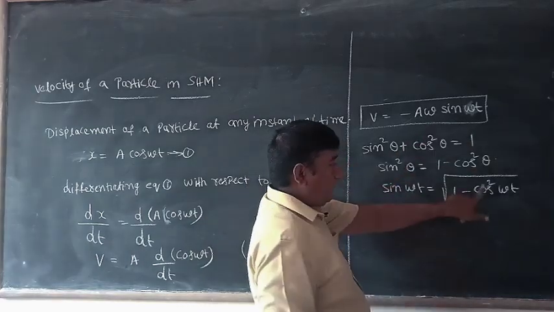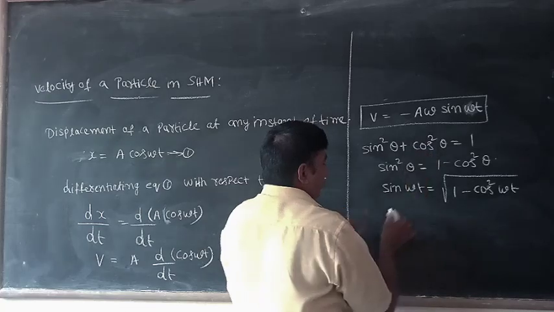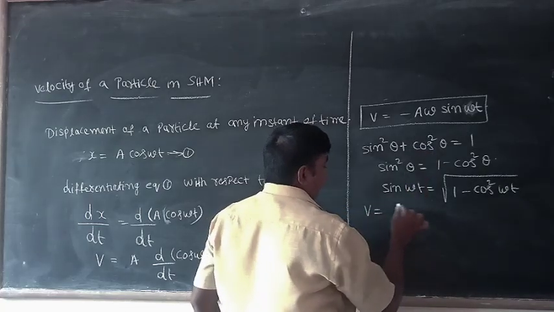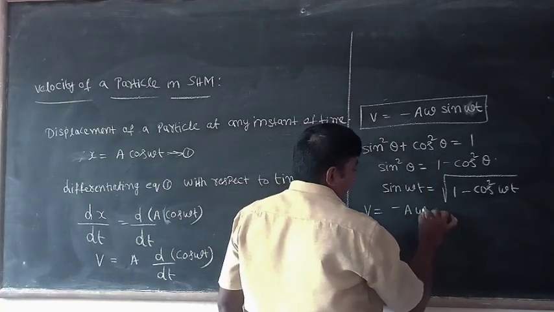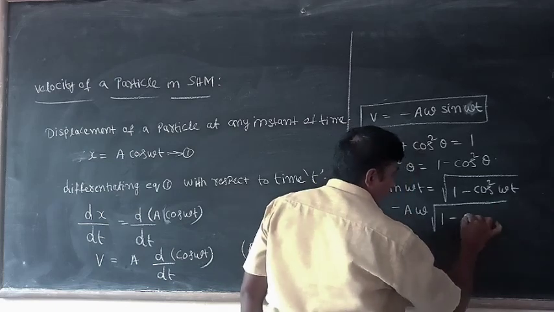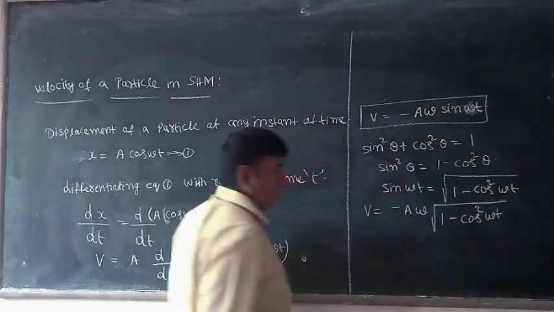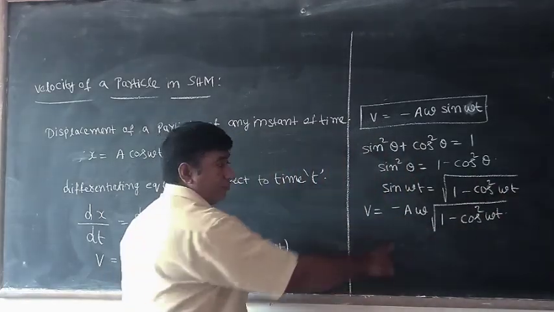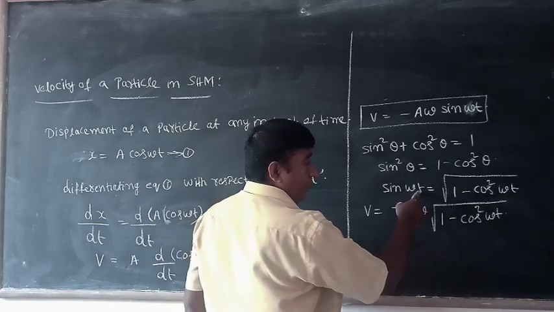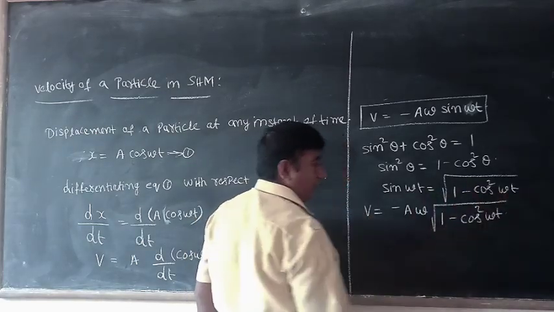This sine I am writing in terms of cos. Substituting this sin omega t in the above equation, we get v equals minus a omega root of 1 minus cos square omega t.